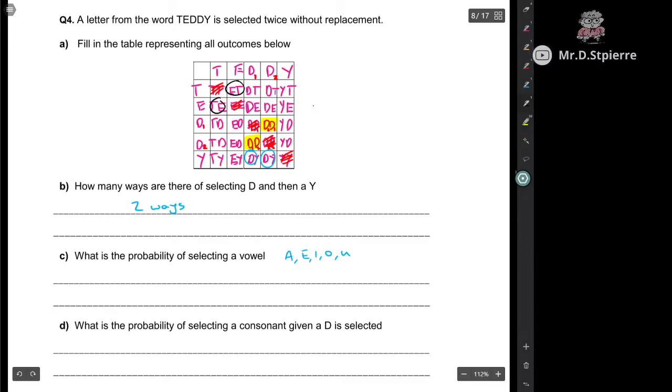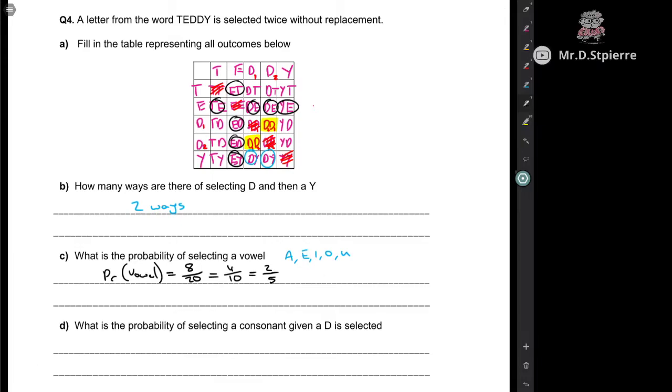That's 1, 2, 3, 4, 5, 6, 7, 8. So the probability of a vowel is equal to 8 on the total sample space, which is 20. 8 on 20, we want to simplify that. That's the same as 4 on 10, which is the same as 2 on 5. So the probability of getting a vowel is 2 on 5.